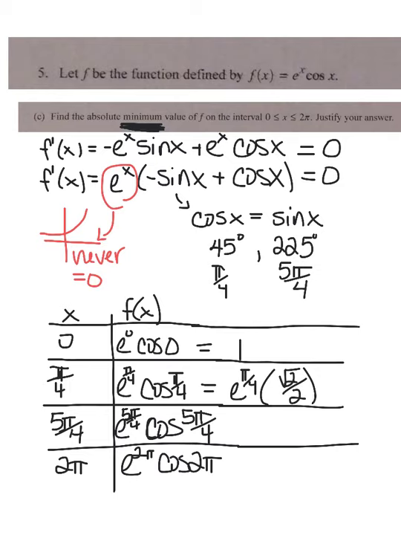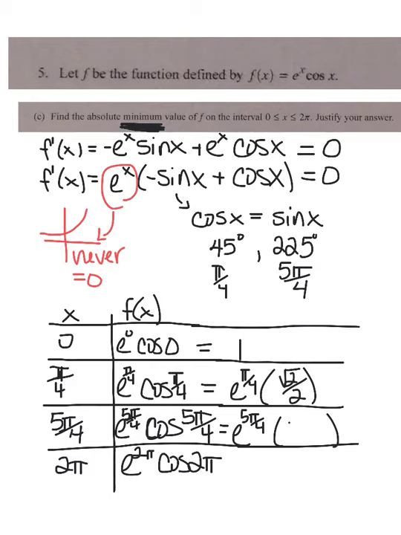All right, let's go to the next one. Again, I have no idea what e to the 5 pi over 4 is. But I should know what the cosine of 5 pi over 4 is, which is 225 degrees, right? Well, if the cosine of pi over 4 is radical 2 over 2, then the cosine of 5 pi over 4 is also going to be radical 2 over 2, but it's in the third quadrant, so that's going to negate that value.